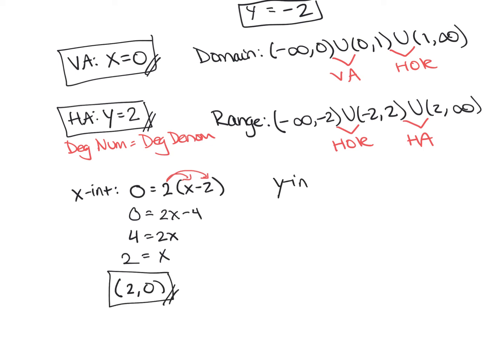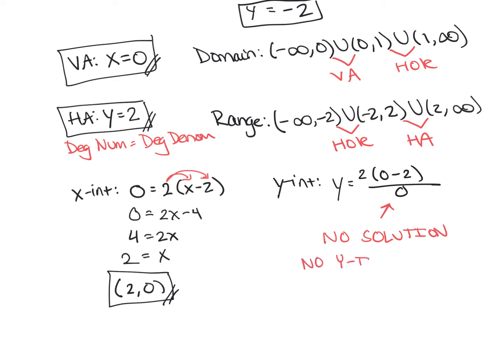For my y-intercept, that's when I plug in 0 into the whole equation. So let's see, this is going to be y is equal to 2 times 0 minus 2 over 0. Now, if I look at this, I go, we're not supposed to divide by 0. That's really bad. So in this case, we have no solution, or no y-intercept.